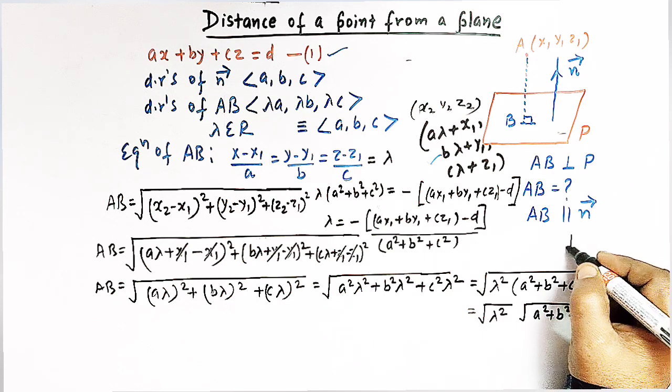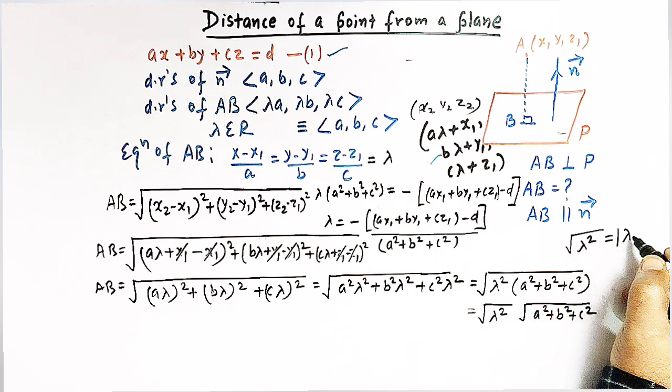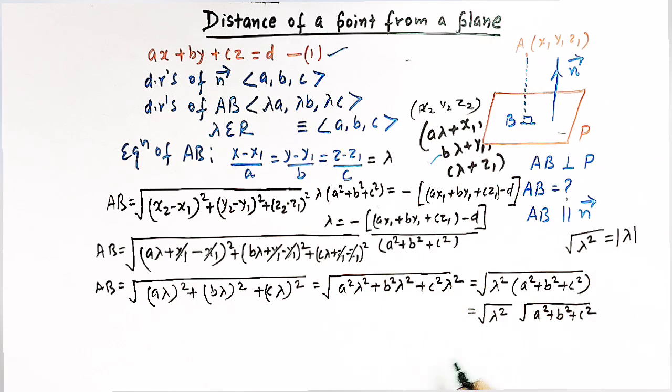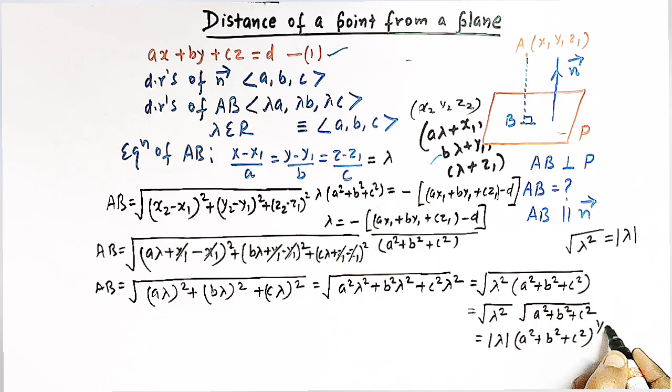Now square root of lambda square can be written as the absolute value of lambda, right? So we have here absolute value of lambda, and square root of a square plus b square plus c square can be written as a square plus b square plus c square raised to half.